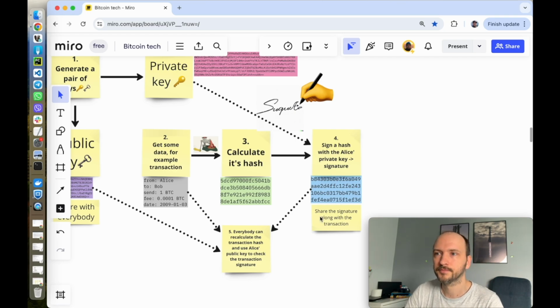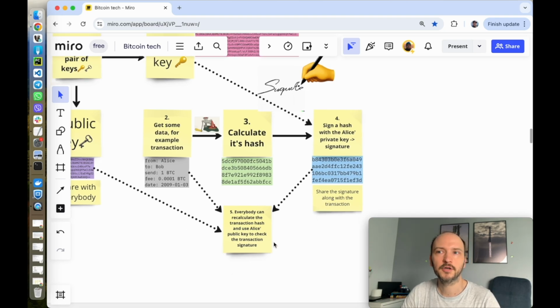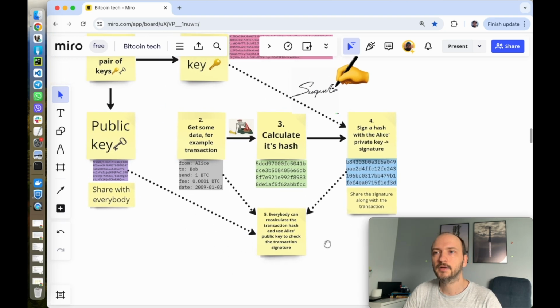You get a string or number that represents the signature, and you share the signature with everybody. Then people may use Alice's public key, take the transaction and the signature, and validate that this signature was actually produced by Alice, and that the transaction is not modified, so that the hash is correct.